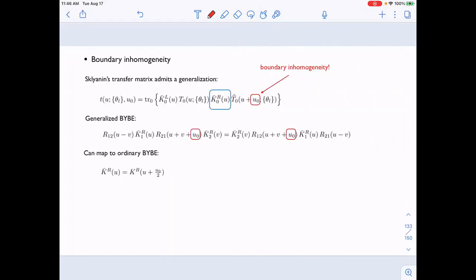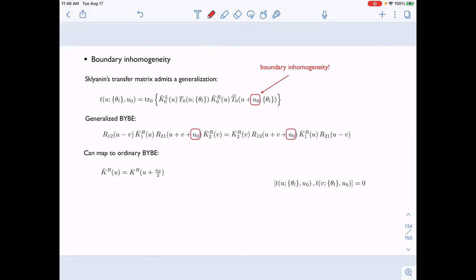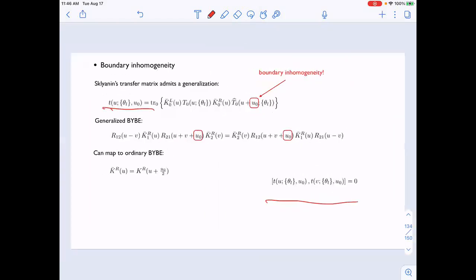But this is not a big deal. You can always map this K bar matrix to the one without the inhomogeneity by this simple transformation. And again, we can basically repeat all of Sklyanin's argument to show that this transfer matrix commutes for different values of the spectral parameters, so it leads to an integrable model.